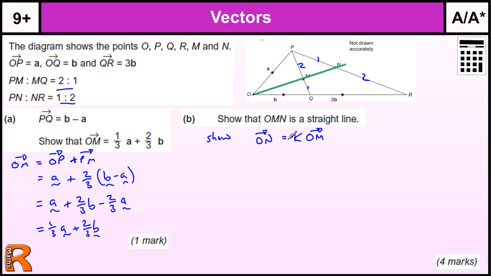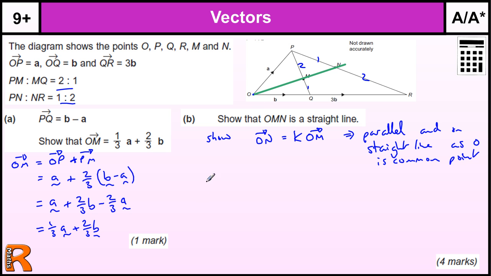If we can find a value that we multiply OM by to give us ON, then we know they are parallel, and on a straight line because O is a common point. So two lines that are parallel that start from the same point must be on a straight line. The other technical phrase for that is collinear. So we need to work out what ON is.